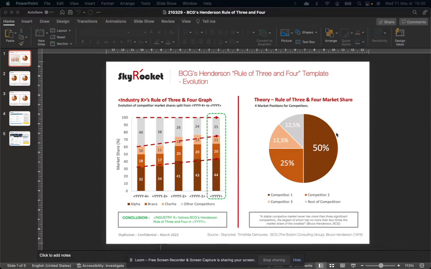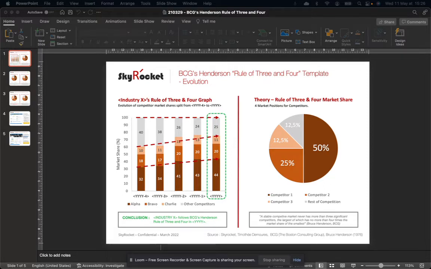So the first one has around 50%, the second has half of that, and the third half of the second. The essence of the framework is not its mathematical exactitude, of course, but the magnitude of differences between leaders and market share structures in a given industry, and its inexorability over time, meaning that industries tend to go towards this as they mature.